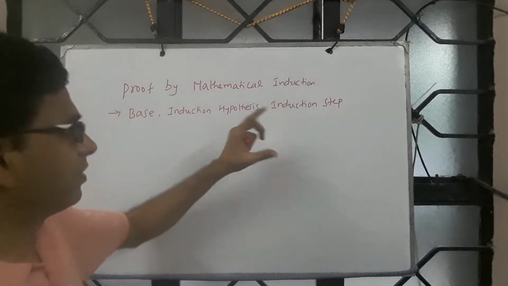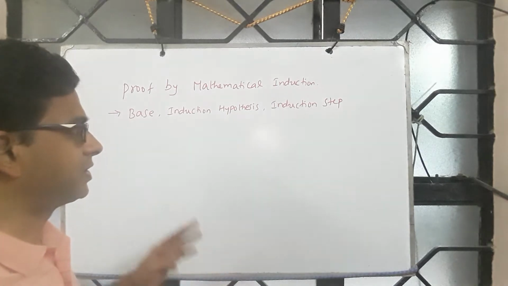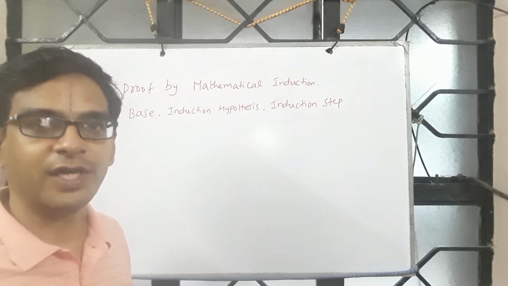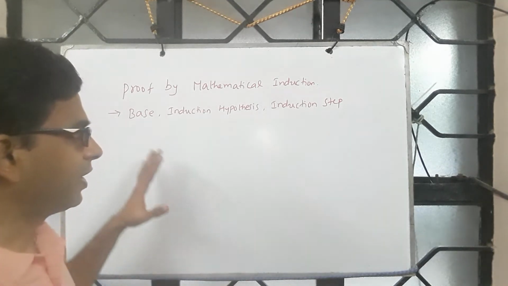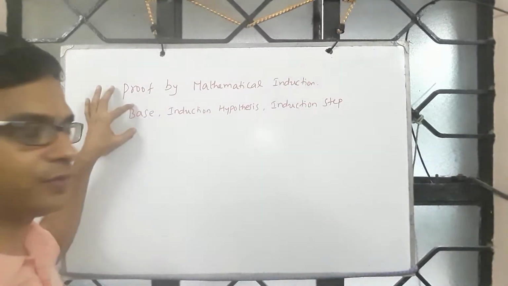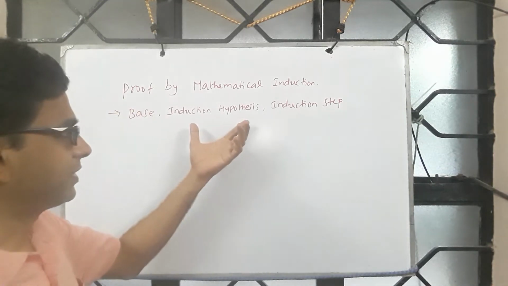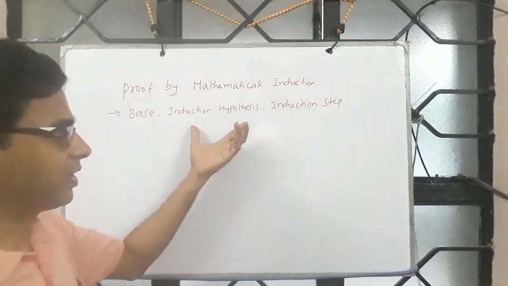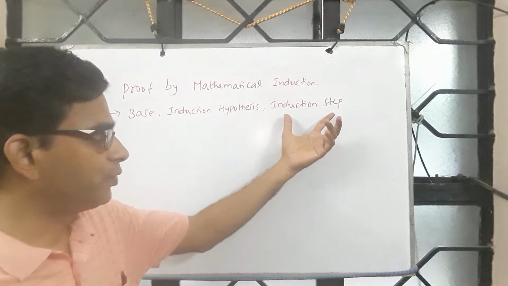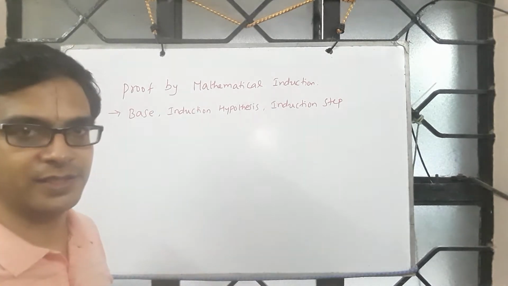Once we establish a formal argument with these three components, we say our claim is true. So the way this technique works is one has to explicitly prove for smaller values, which we call base cases or bases. Subsequently, we make something called induction hypothesis. With this hypothesis, we prove the claim for the next value of n, which we call induction step.